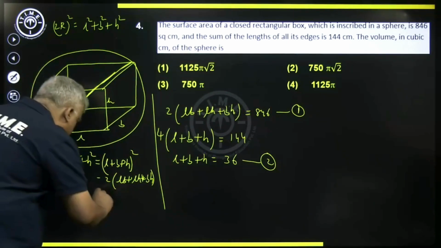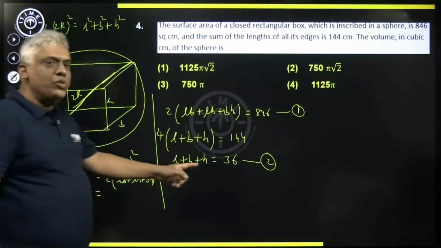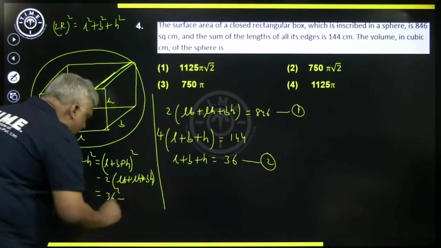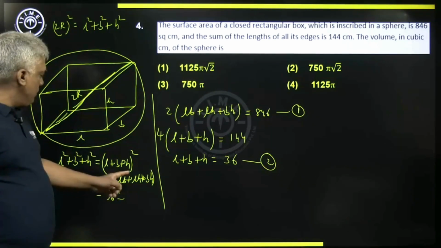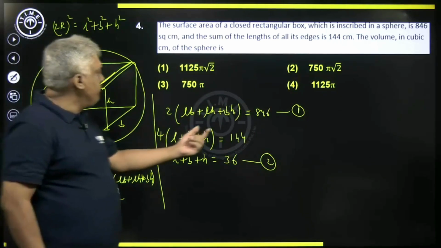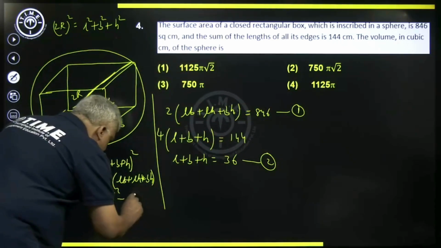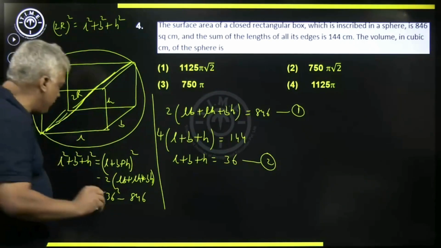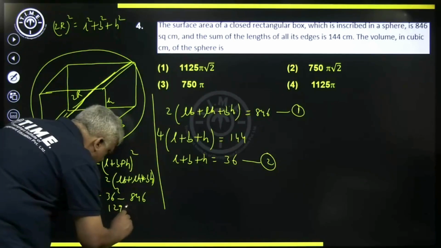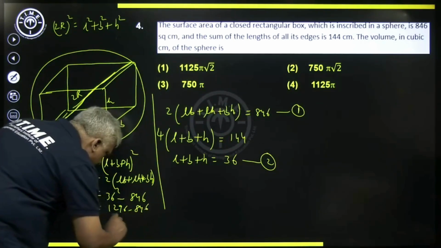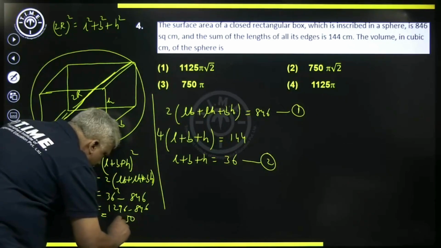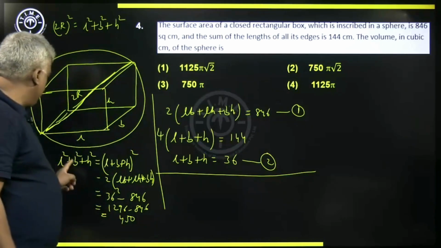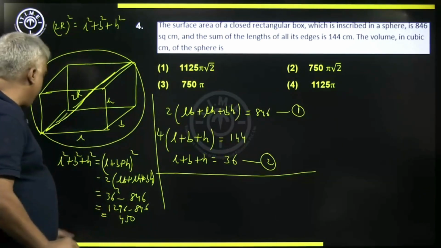This will be 36 square minus 2 times (LB plus LH plus BH). That value we already have, 846. So 36 square is 1296, minus 846, it is 450. So we got L square plus B square plus H square is 450.